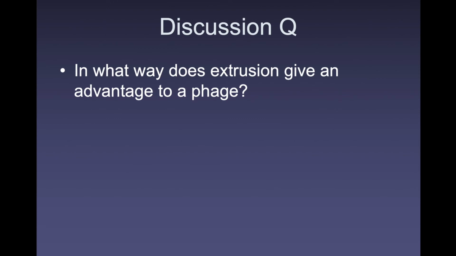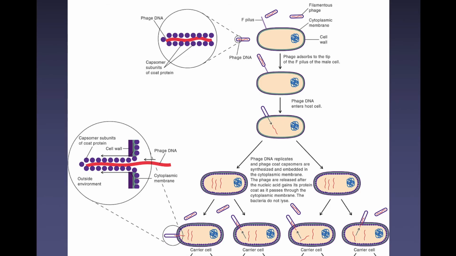So this discussion question is one that you guys can go over, take a few minutes and think about a few different ways that extrusion can give advantage to a phage. I guess I could kind of answer this one here too. So for phage extrusion, we talked about this a little bit in class, but certainly there is protection that is offered once this phage DNA gets inside this host cell.